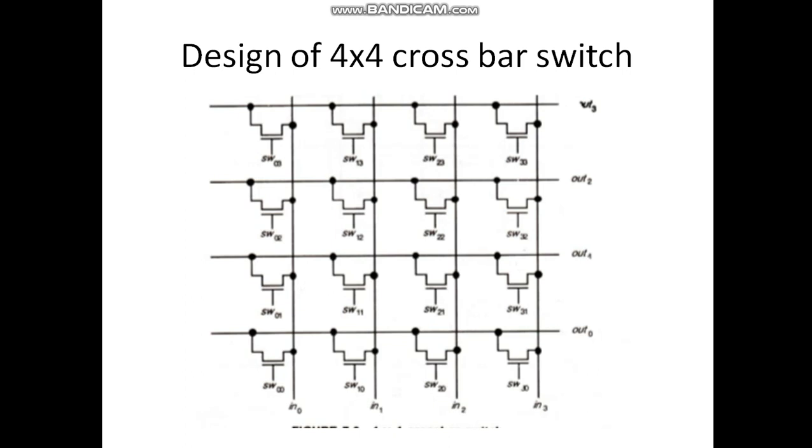When these 4 switches, that is SW00, SW11, SW22 and SW33 are turned on, output will be same as the input, that is the output becomes 1, 1, 0, 1. So here no bits are shifted. Whatever is available at the input line, same is available at the output line.